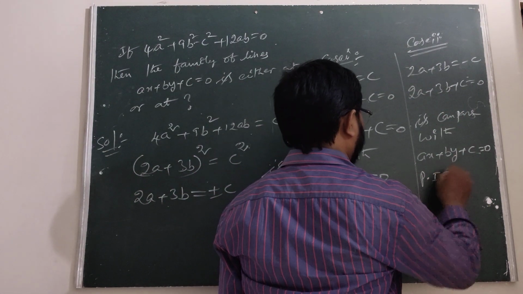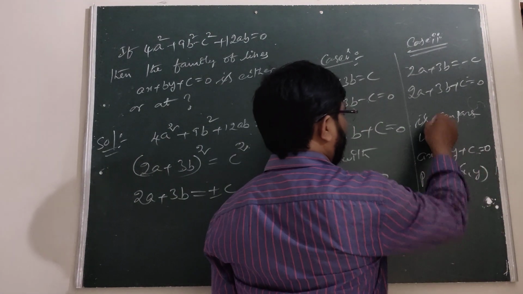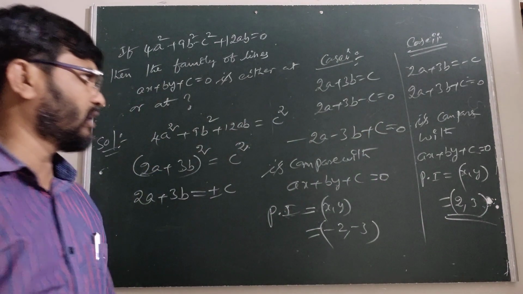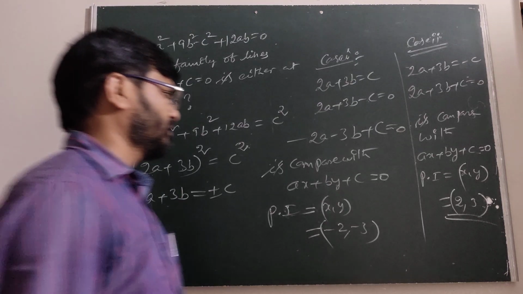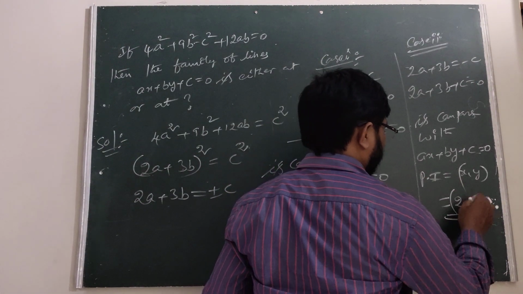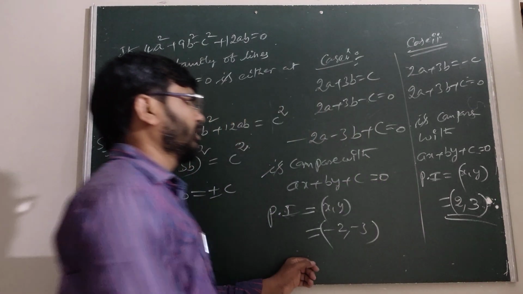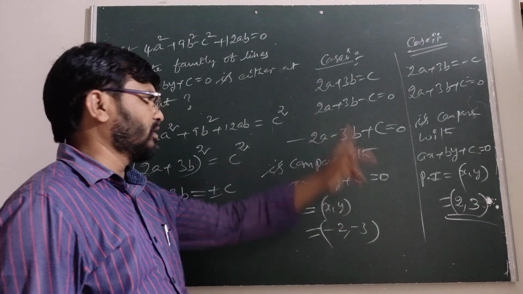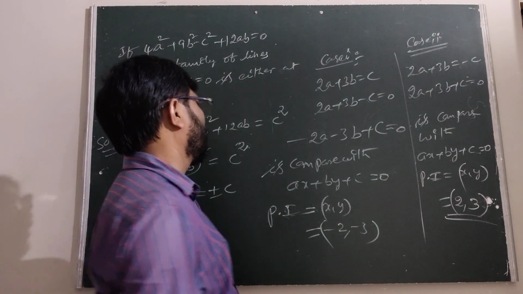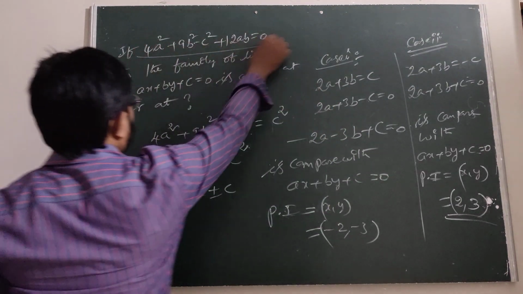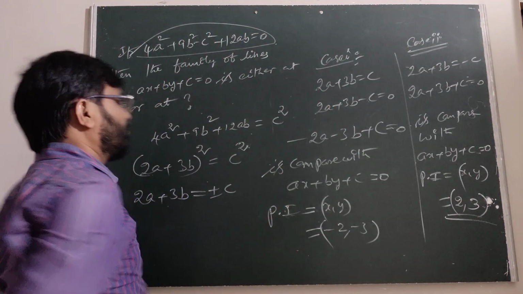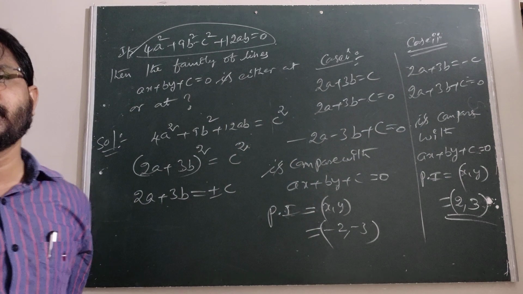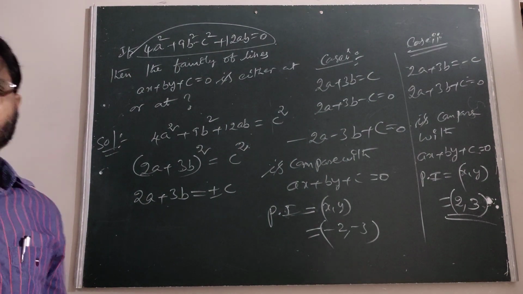Therefore, the point of intersection (x, y) is (2, 3). Here, in case 1, x is minus 2, y is minus 3. Do you understand? Therefore, when we are taking this condition, this equation represents the family of lines passing through either (2, 3) or (minus 2, minus 3). This is the solution. Okay.